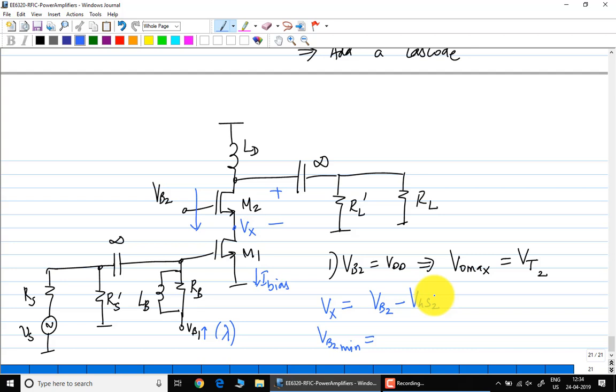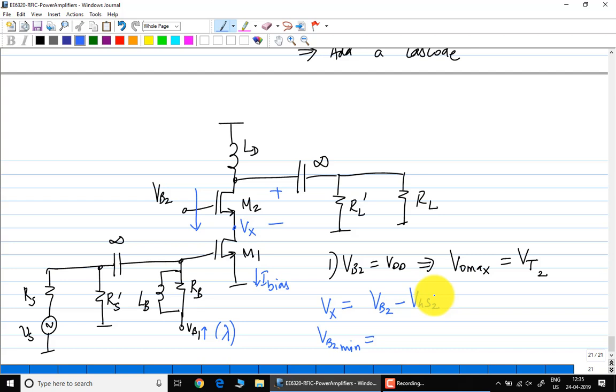What is the minimum value of VB2? It is basically VGS2 plus VDSat1. That is the minimum voltage that you can set VB2 to.